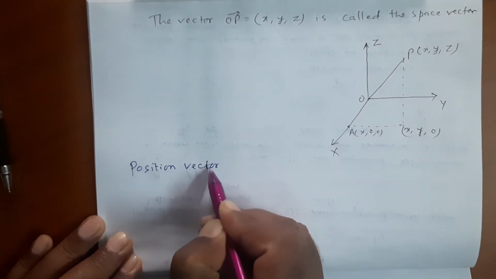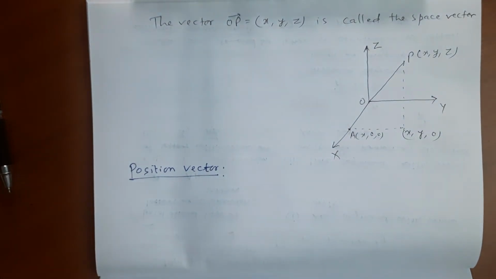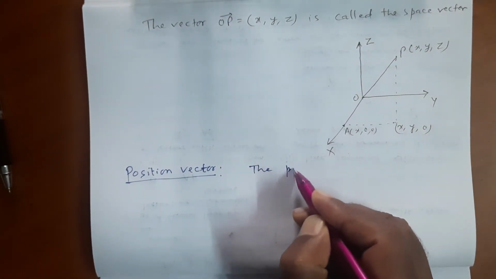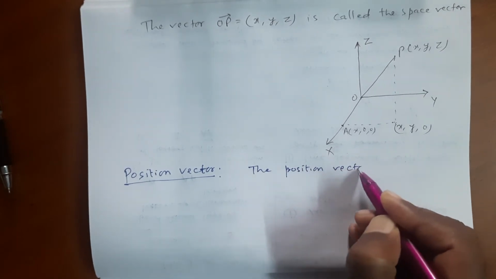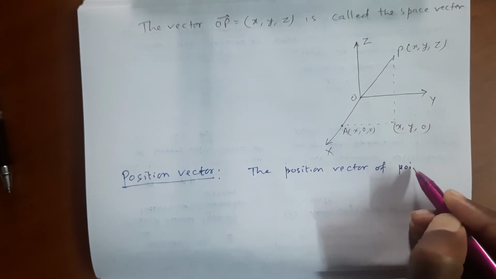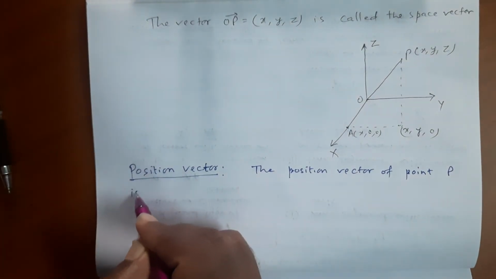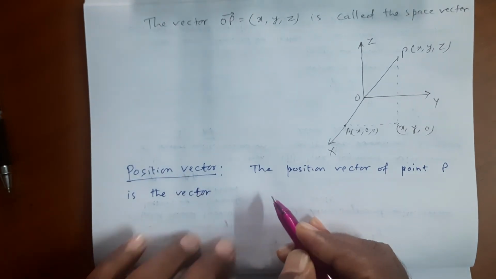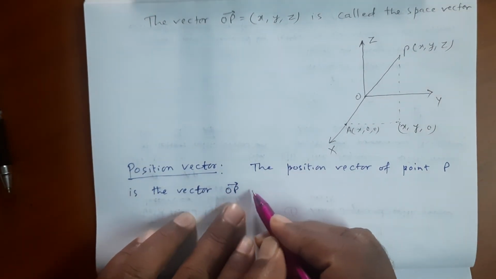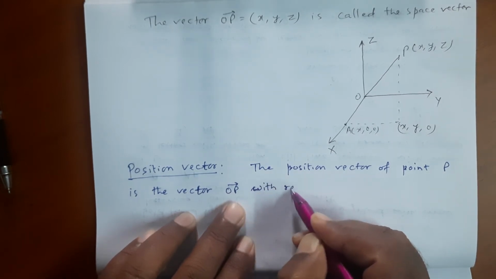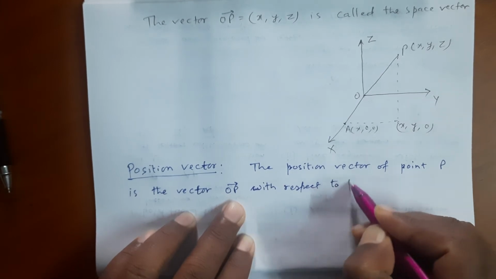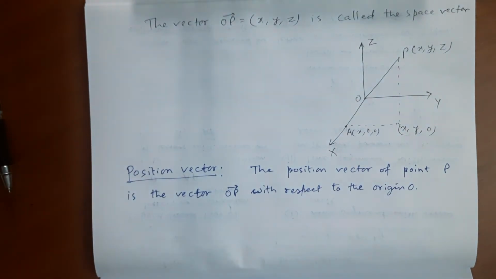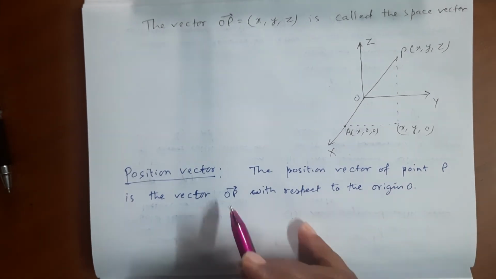Position vector. Okay, the position vector of point P is the vector OP with respect to the origin O. Okay, so the position vector of point P is the vector OP with respect to the origin.